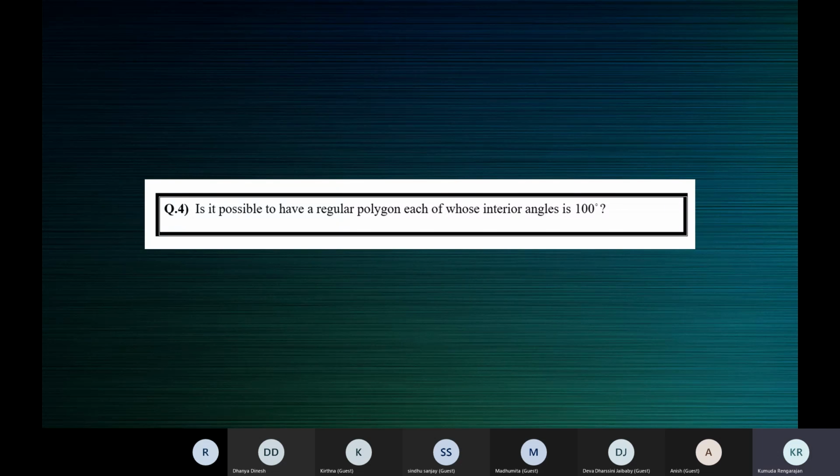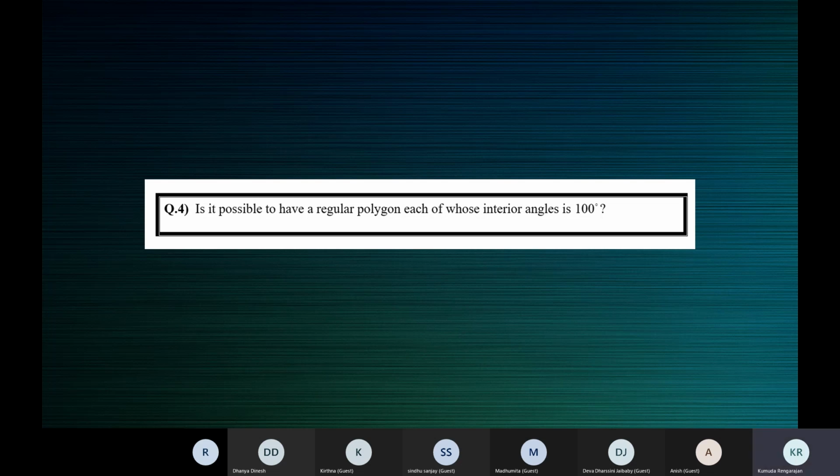Can we have a polygon with 4.5 sides? No, ma'am. So the answer is that the value of n is not acceptable. N cannot be 4.5. It has to be a number greater than 2, a natural number, or you can say a whole number greater than 2.